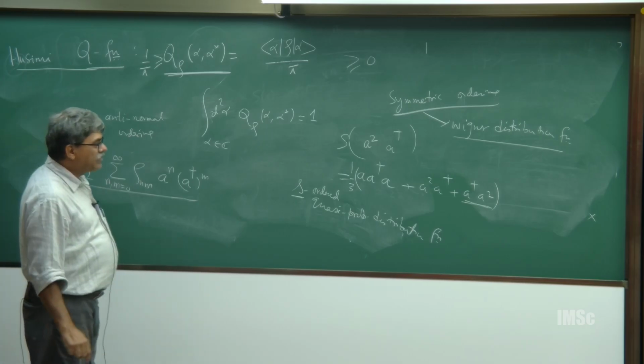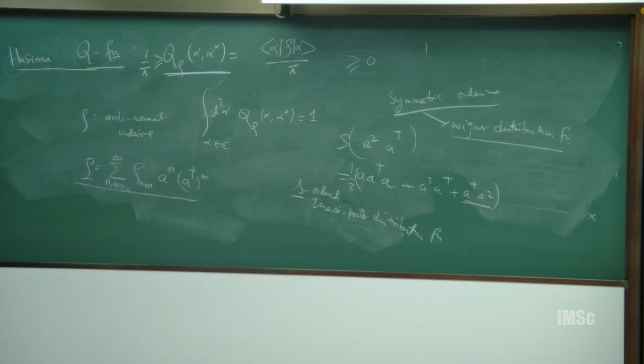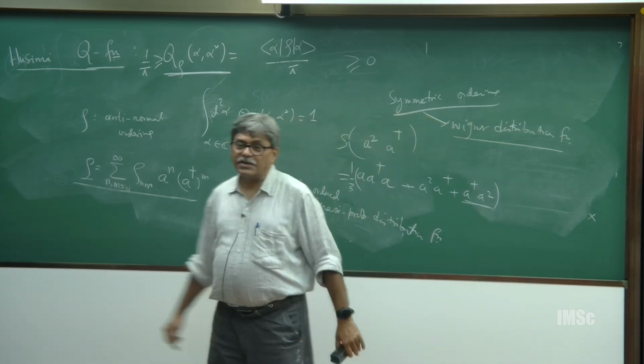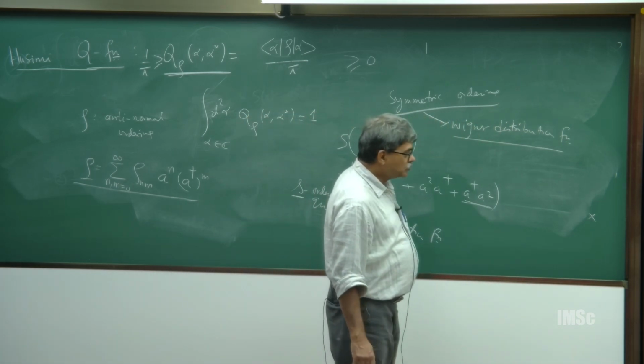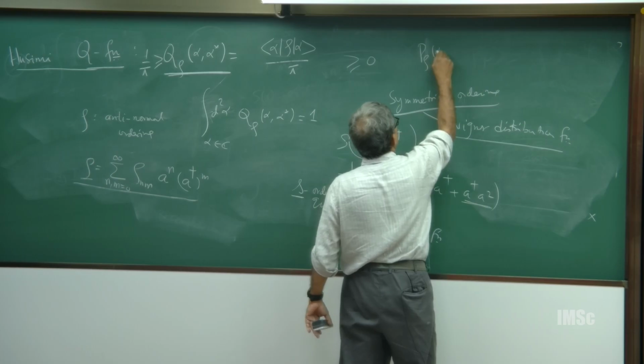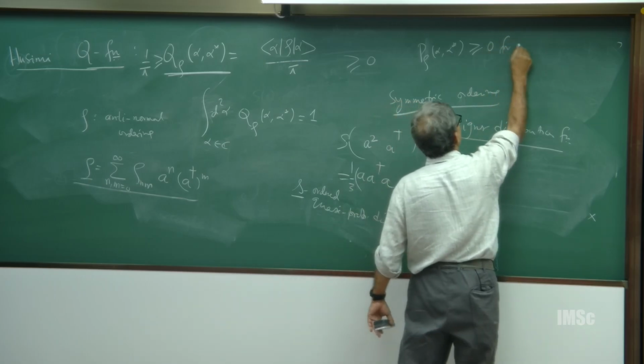What I just wanted to tell you is that understanding this P distribution will tell us the character of the state of light, whether it is classical, non-classical, etc. And one very important thing is that P of alpha, alpha star greater than or equal to 0 for all alpha.